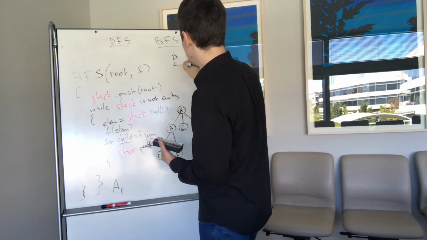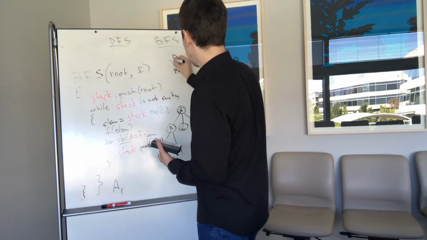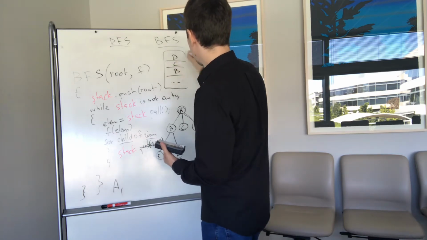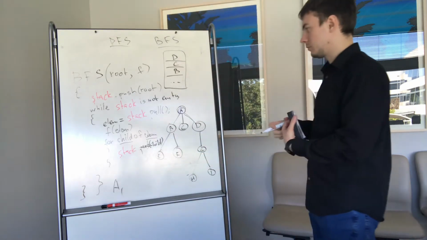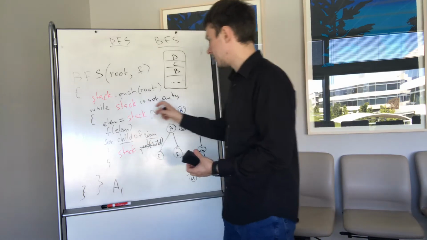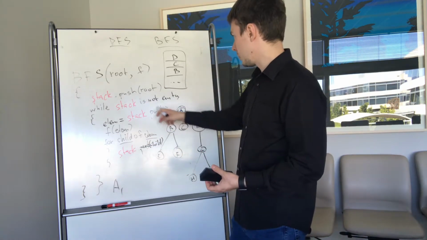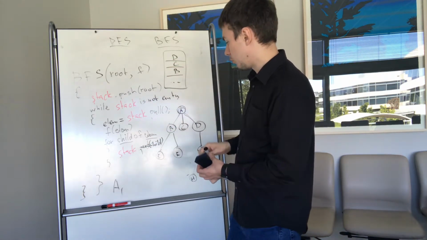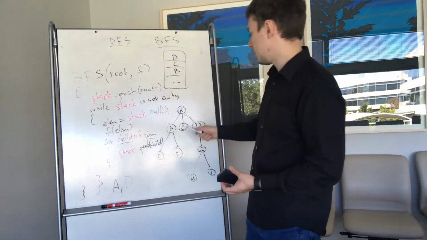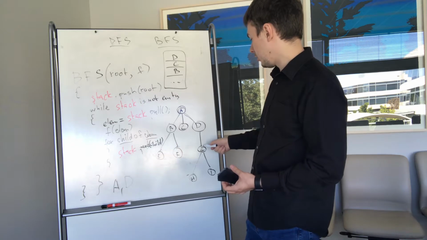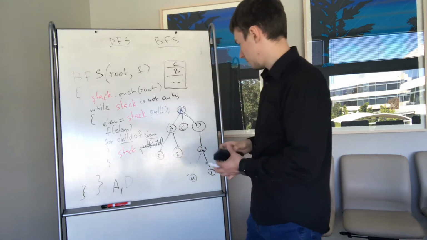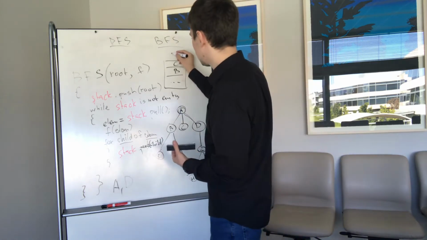We add B, C, and D, and after that our stack will look like this: D, C, B. Our stack is non-empty. We pull D, print it, and add all the children of D to our stack, and it will look like this.